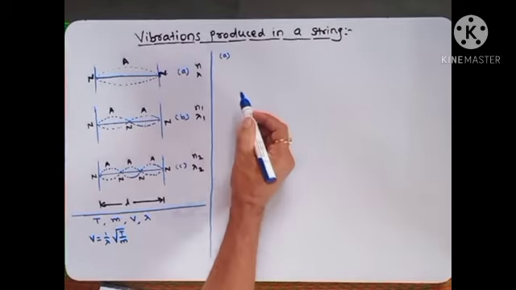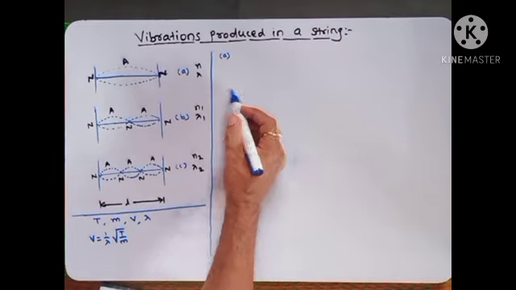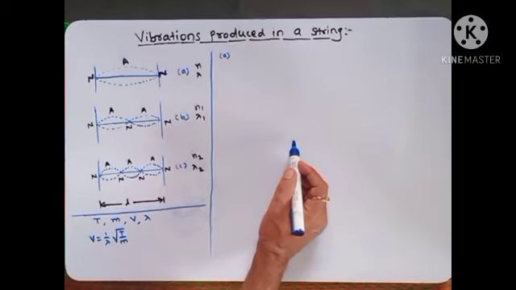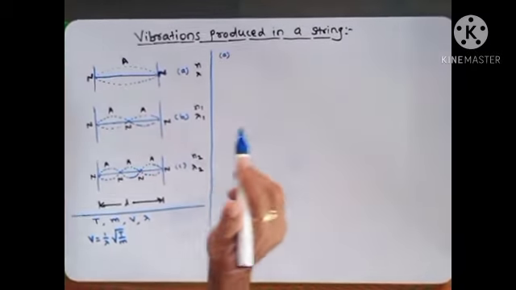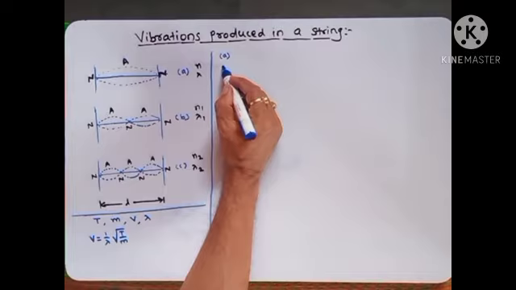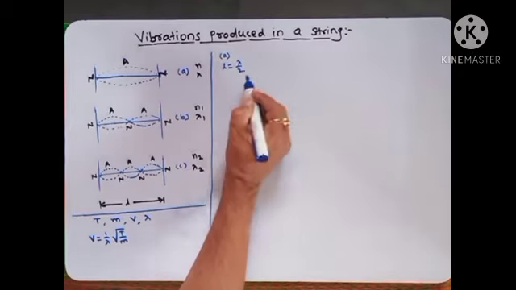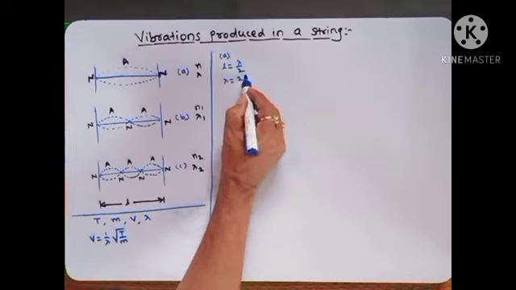For figure A, we get one loop, two nodes and one antinode, and the distance between two nodes is always half of the wavelength. Therefore L is equal to lambda by 2, and lambda is equal to 2L.